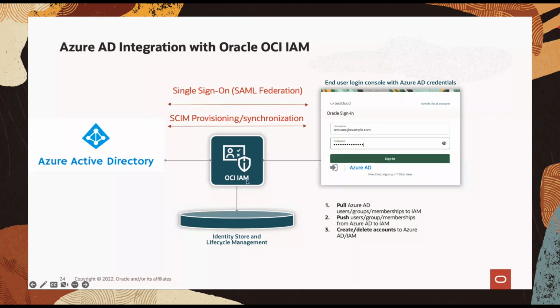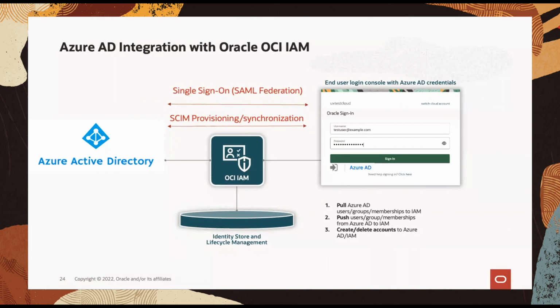For the federation to happen, we need to have a user account at both places, because the SAML session expects the user to be present in both systems: the Azure Active Directory and the IAM. So we cannot manually create all the users from Azure in the IAM. We need some automation or provisioning process, right?